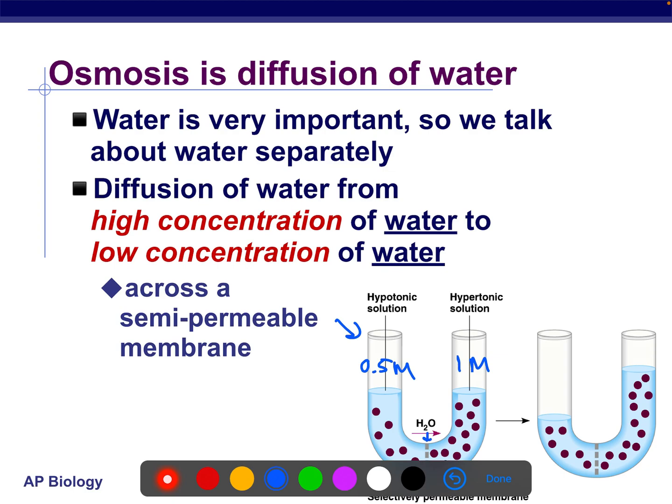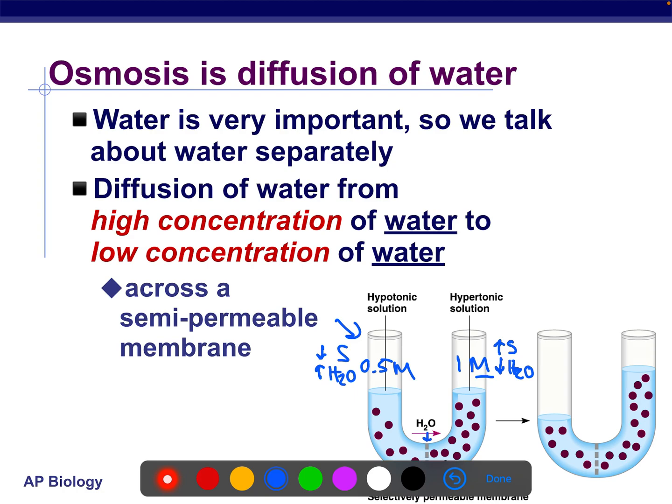Okay, so here on the right side, if we have a 1 molar solution of sugar, that means that the sugar on this side is high. So we have high sugar here, lower sugar here, because this is only a 0.5 molar solution. So if the sugar is high in the 1 molar solution, that means there's less water there. And then in the 0.5 molar solution, there's more water because there's less sugar.